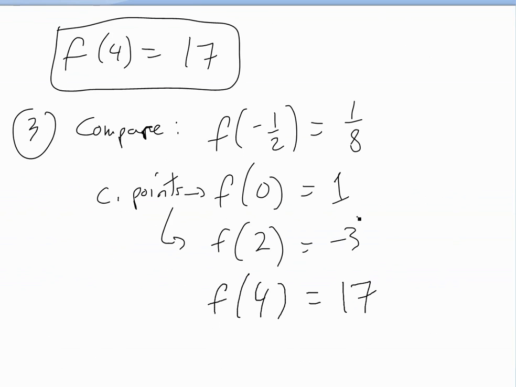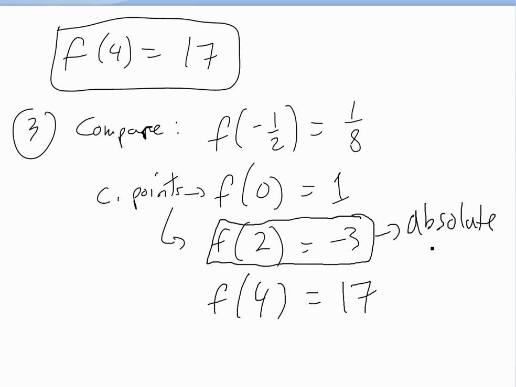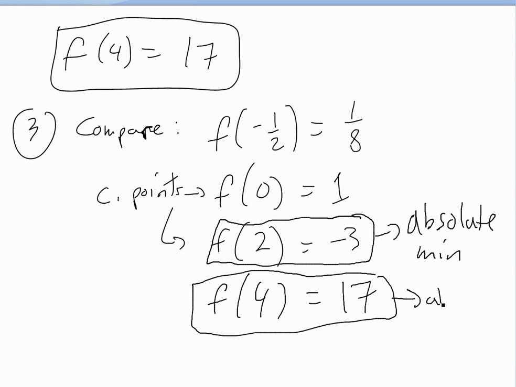As you can see, -3 is the lowest, so this is the absolute minimum. That's all you have to do. And 17 is the max, so this is the absolute max. That's all we have to do.